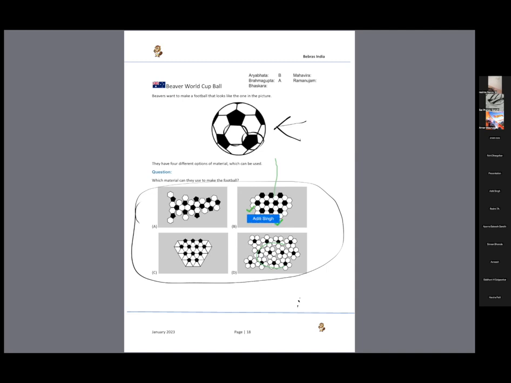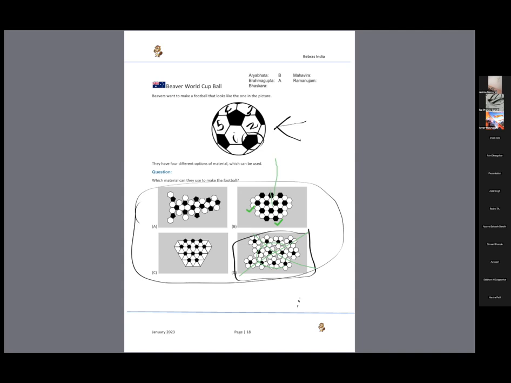The shapes are correct, but if you see on the main ball, each pentagon has five hexagons, and that's common for all the pentagons, but some of the hexagons are repeated. So one hexagon will be a part of multiple pentagons. But if you see in the last option, each pentagon has its own five hexagons. So that makes it so that there's too many hexagons and this cannot be the answer.